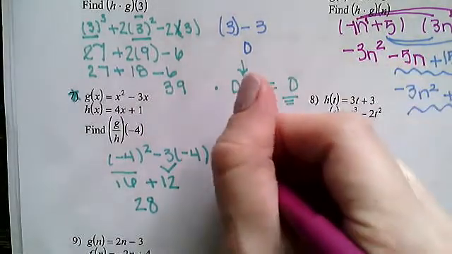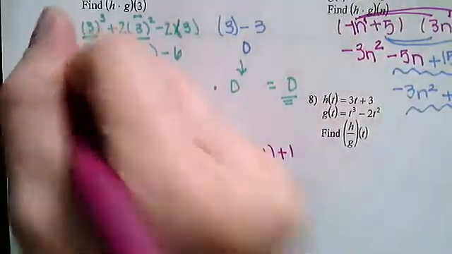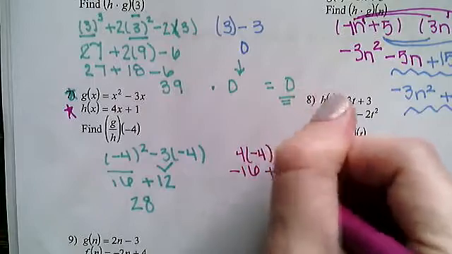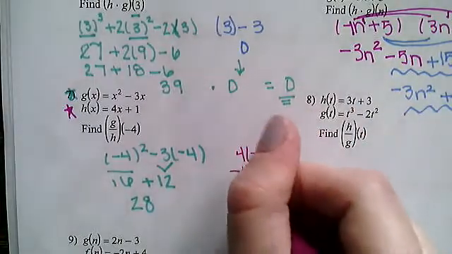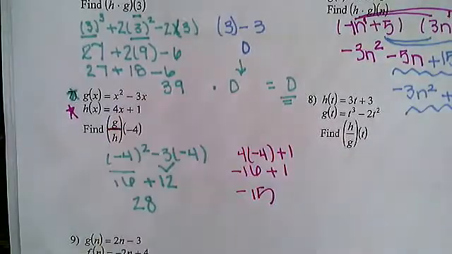The bottom one, we'll take that negative 4 and plug it into the bottom expression. 4 times negative 4 is negative 16, plus 1 is negative 15.